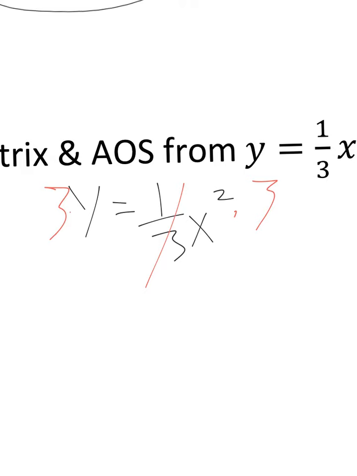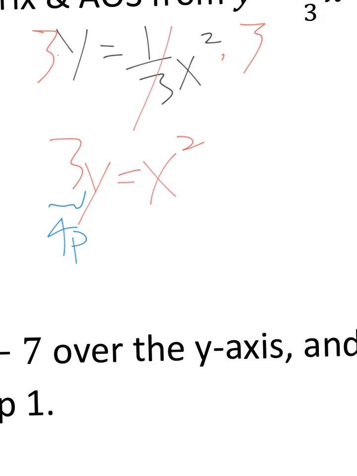So you get 3y equals x squared. Remember, that number by the y is your 4p. So you say 4p equals 3. Divide by 4. p equals 3 over 4.